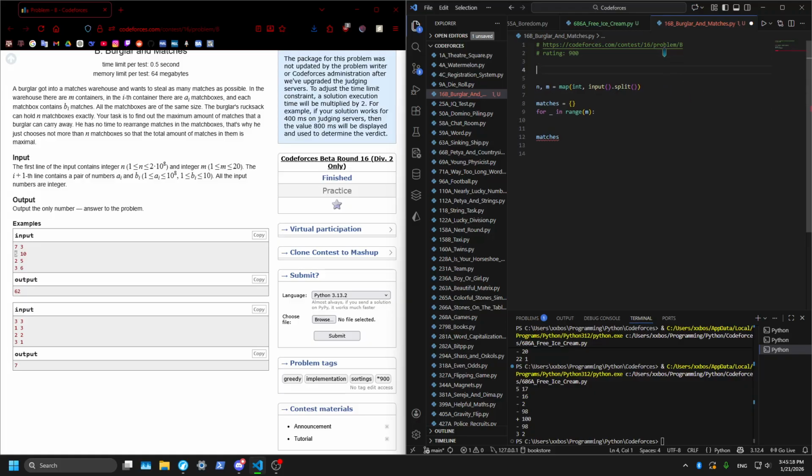From collections import defaultdict. Python defaultdict. Matches defaultdict int.